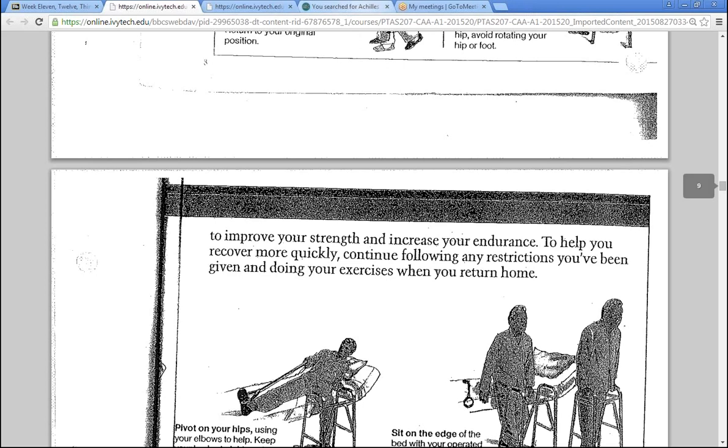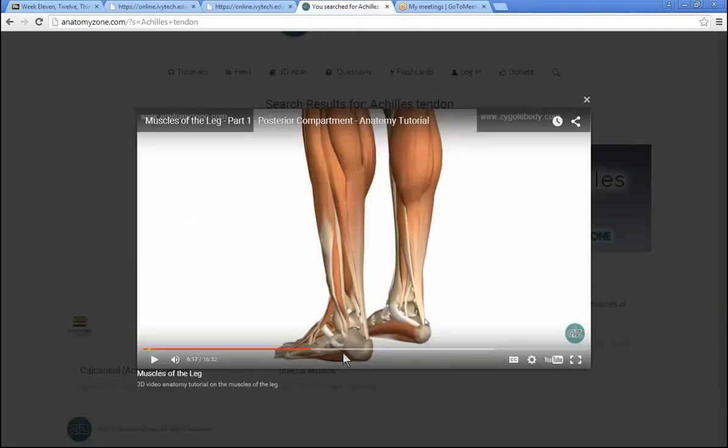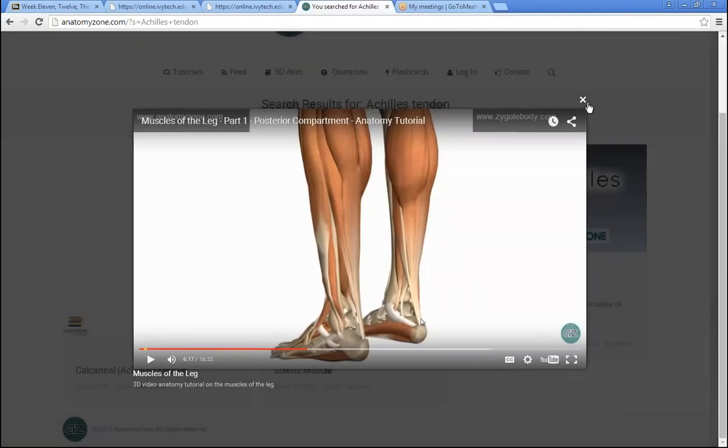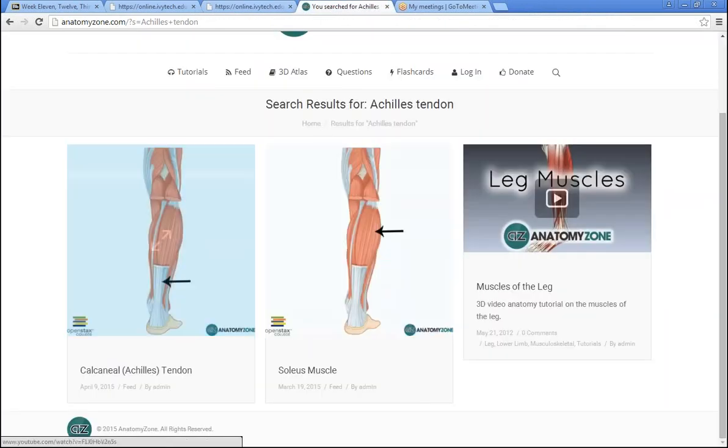Let me just see if there's anything else I'd like you to appreciate. No. I want to talk about plantar fasciitis. Let's do ligaments again.